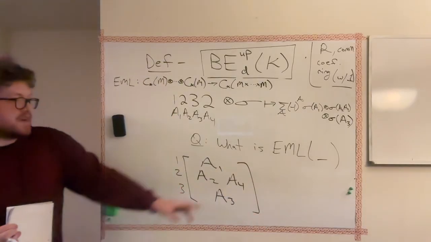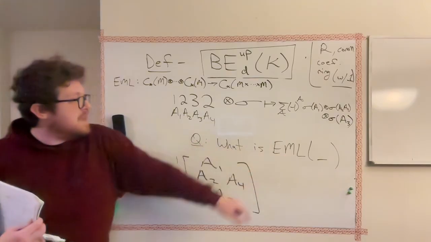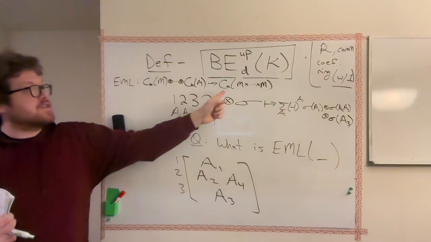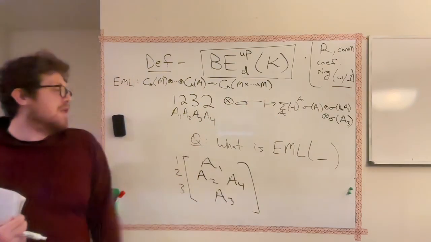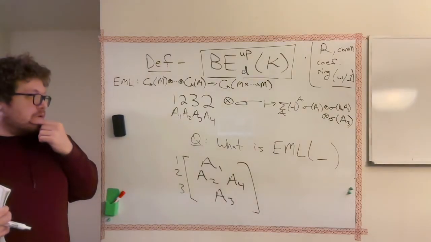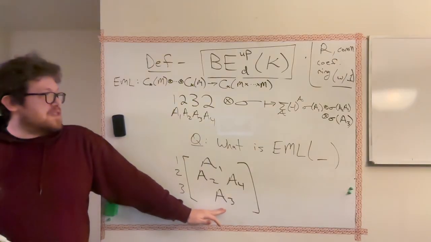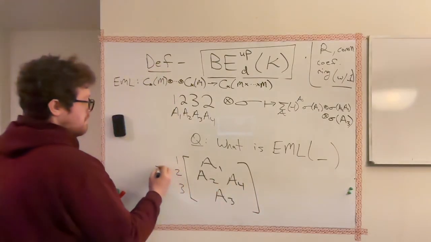So once I shuffle everything together with this, you can call this the shuffle map if you want, the EML shuffle map. It shuffles all of the tensor factors into a single giant Cartesian factor, this thing. There's actually a way to view this as a join of two different simplices in the Cartesian product. So this is equal to, again, a sum over these guys.